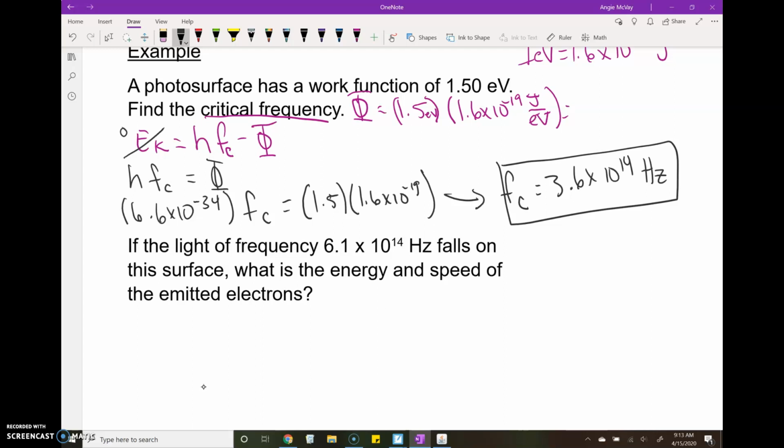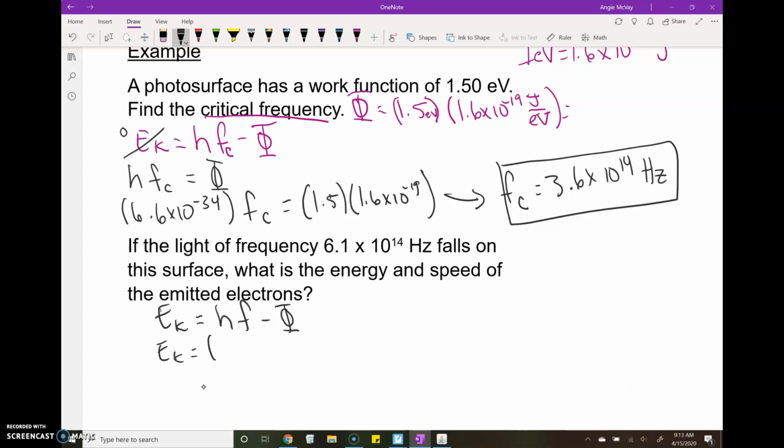We, however, have a frequency above the critical frequency, so we can proceed as normal, just using EK equals hf minus our work function, and that should be a standard plug and chug.